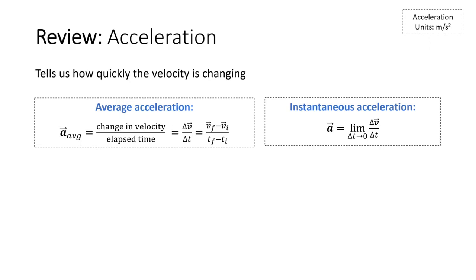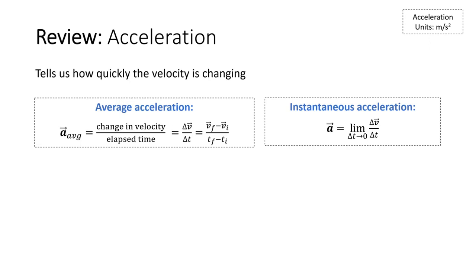The only time those two things would be equal would be if you have constant acceleration. All right, and so then our definition of instantaneous acceleration looks a lot like the definition of instantaneous velocity. We have this limit as delta T goes to 0 of the change in velocity over elapsed time.